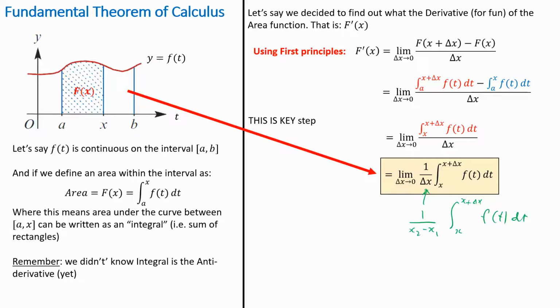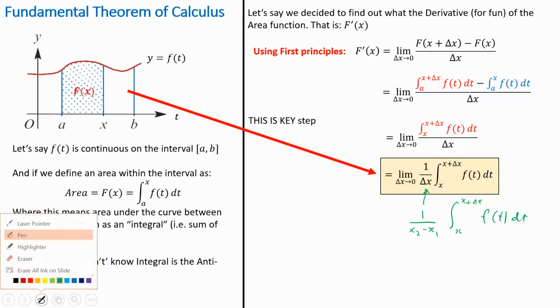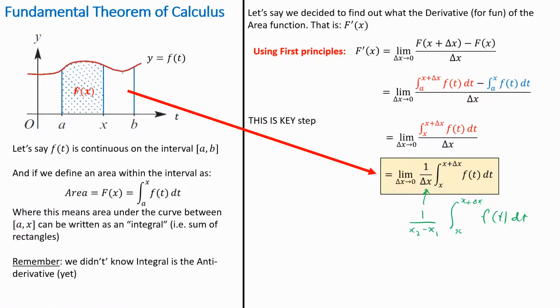If you were to think about it visually, I'm going to draw it again so you can see. So we're saying there is this area, this is x plus delta x. Okay, that's your numerator. This is your numerator. Looking at it again, this is actually technically your average value.